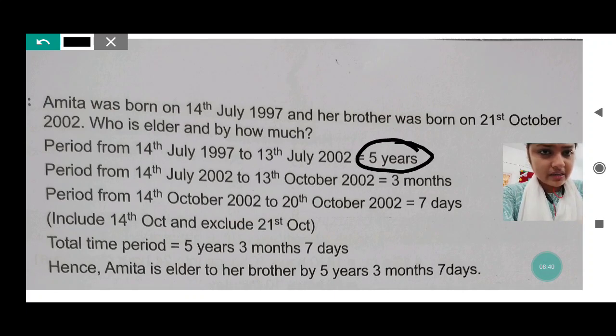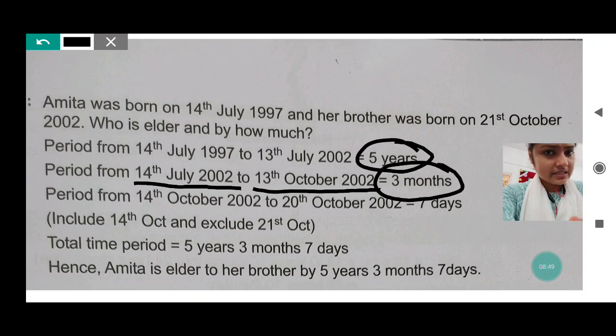After that, from 14th July 2002 to 13th October 2002 there are 3 months. From 14th October 2002 to 20th October 2002 there are 7 days more.